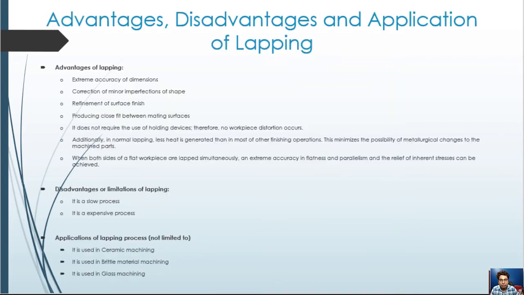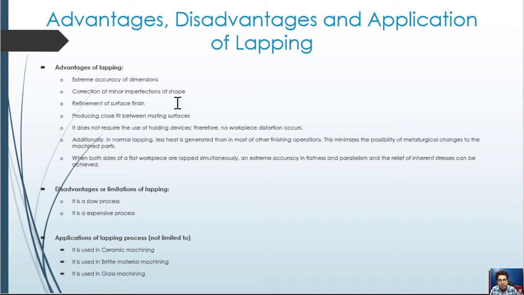Now coming on to advantages, disadvantages and application. In advantages, extreme accuracy of the dimensions, like very high surface finish, may be obtainable. If we go to the first slide, or the second slide, you may remember that the accuracy level of the lapping process is superior to that of the honing process.